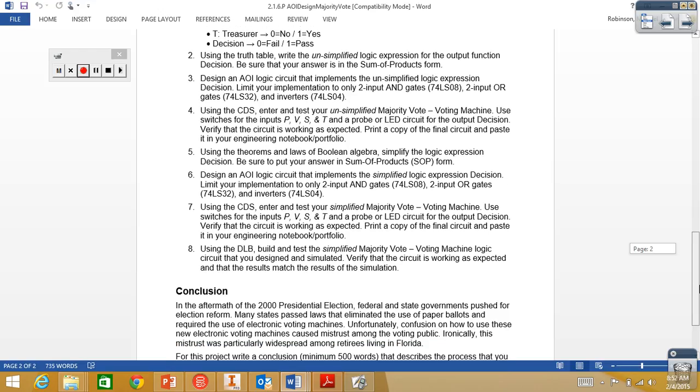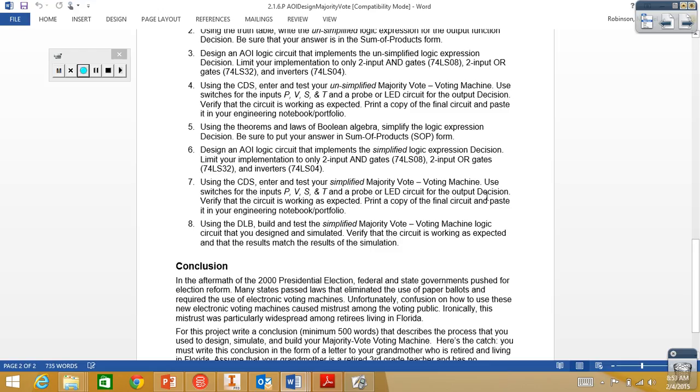Then you're going to use your circuit design software to test your simplified majority vote machine, using switches for input: P for president, V for vice president, S for secretary, T for treasurer. Make sure you relabel the input switches to indicate these, so you can use the keystrokes to change your vote.